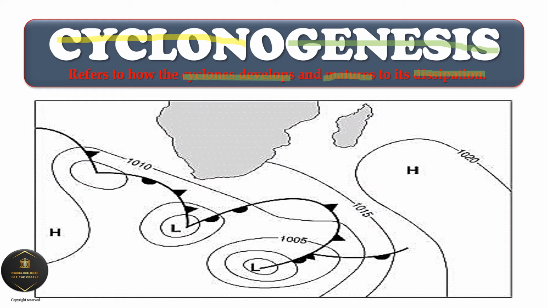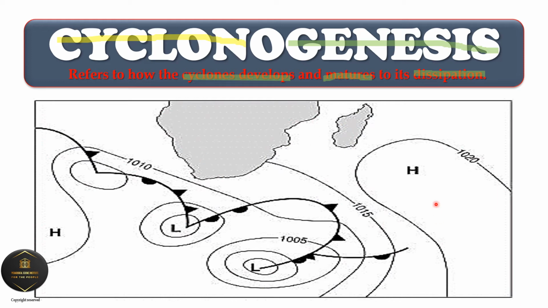Now the diagram here is showing us subsequent cyclones, right? We notice that they are connected to each other, and this is a synoptic weather map. That is telling us something about the cyclones.